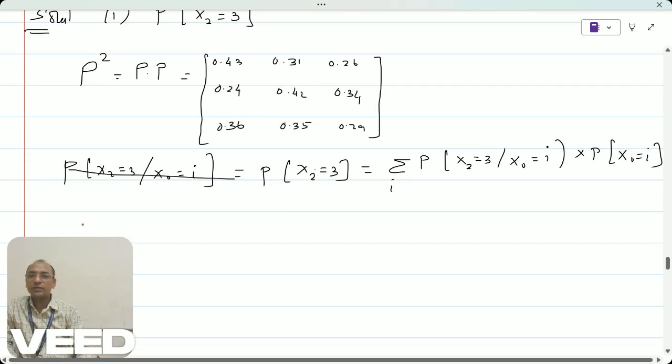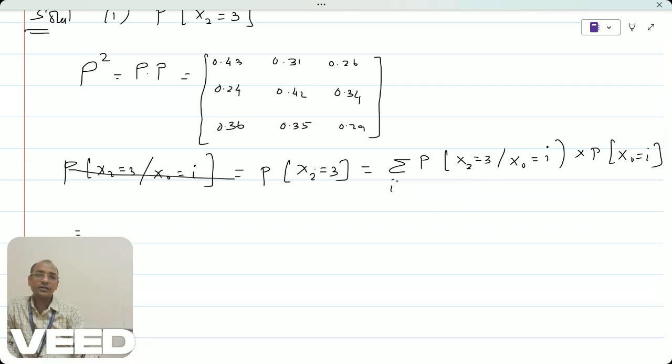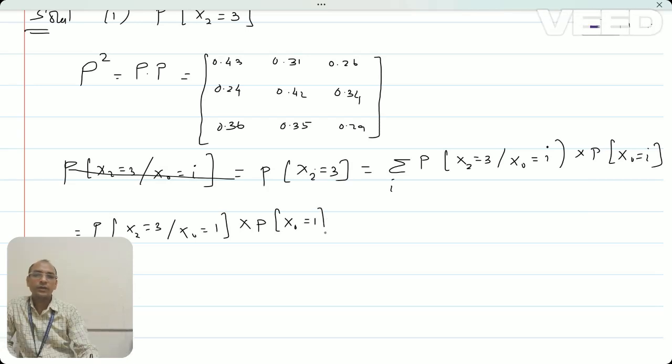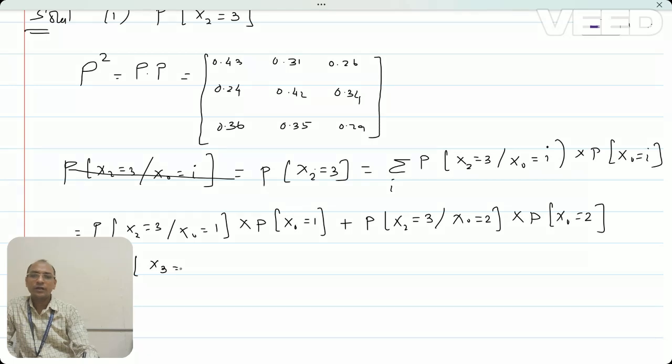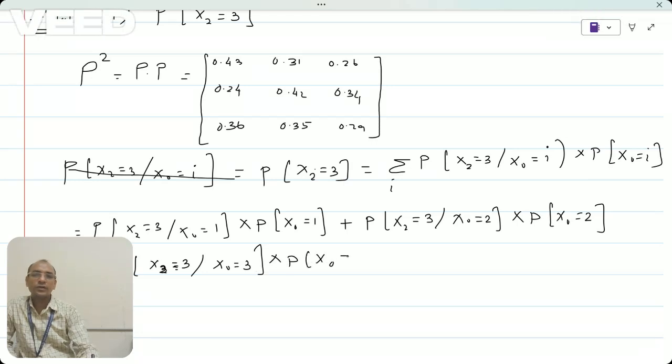Now if I expand it, for i equal to 1 I will have probability X2 equal to 3 given X0 equal to 1 into probability X0 equal to 1, plus probability X2 equal to 3 given X0 equal to 2 into probability of X0 equal to 2, plus probability X2 equal to 3 given X0 equal to 3 into probability of X0 equal to 3.